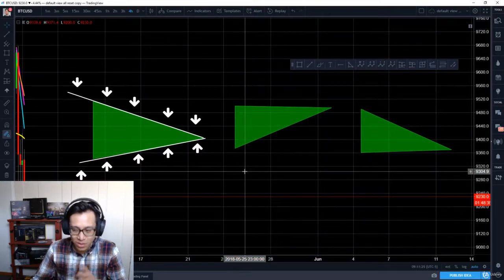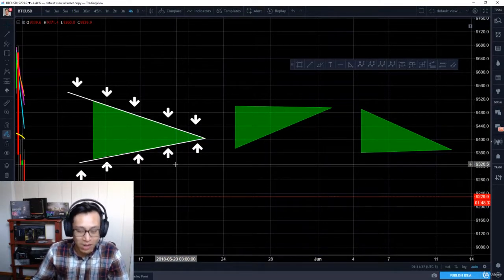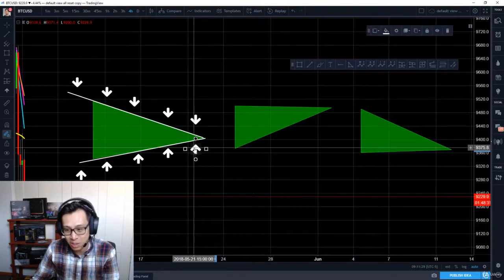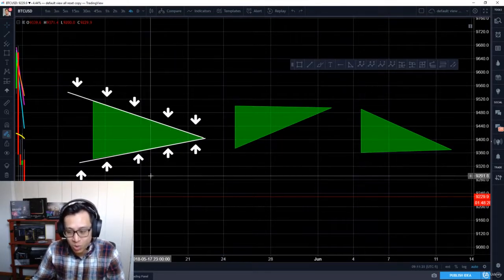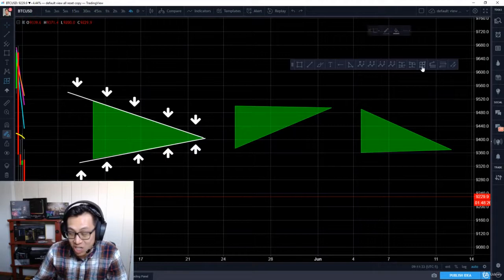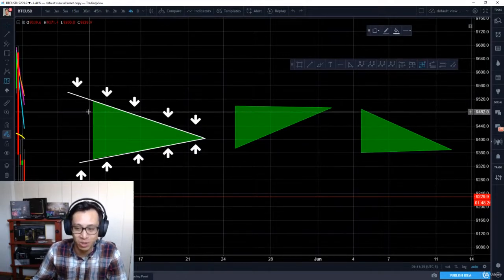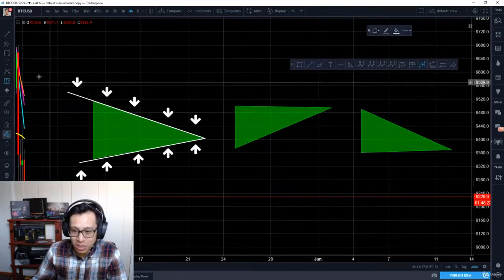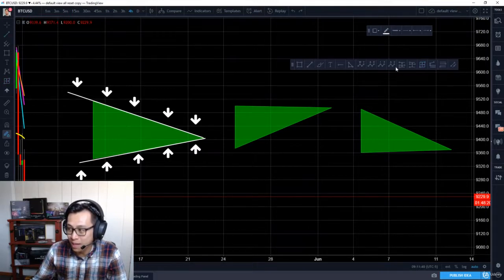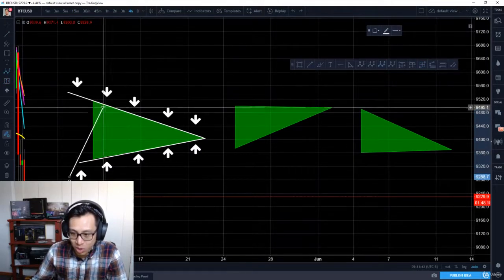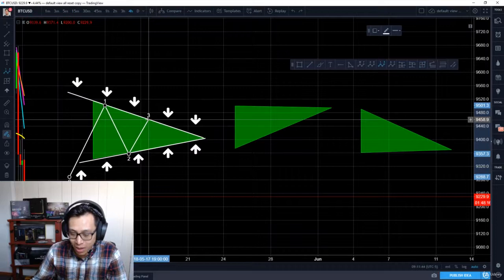Now, this one is very tricky to play. The way that we play these is like this, okay? And I'm going to show you a way of gauging where targets could be. So what we do is, let's say we're seeing some lines like this, just as an example. I'm just going to draw some basic lines in here, okay?